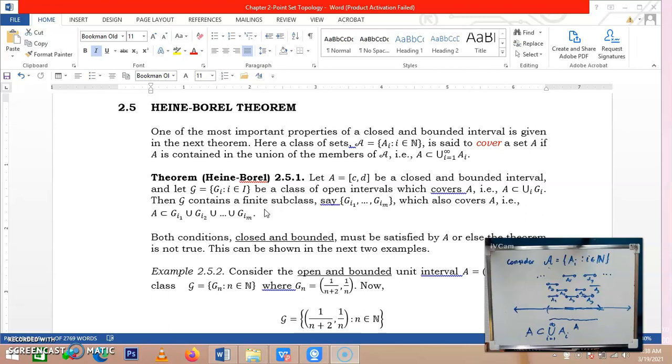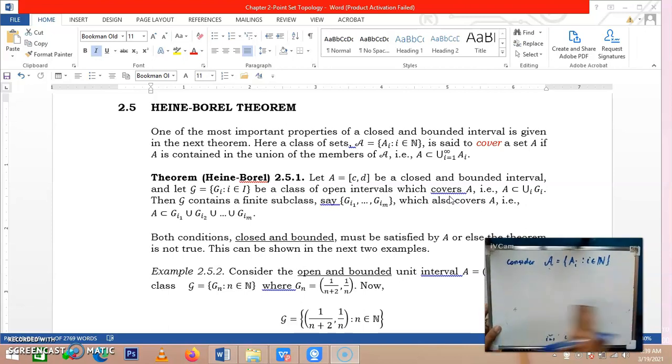The Heine-Borel Theorem can be applied for any closed and bounded interval that has open covers. So let us have an example of a class of sets that has open covers.